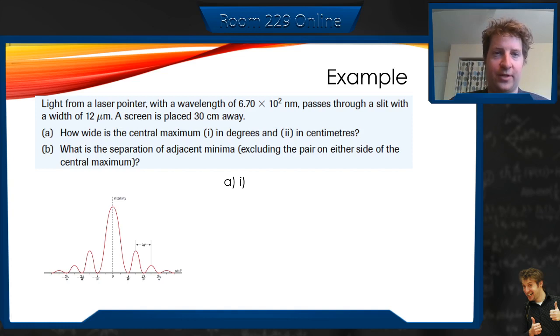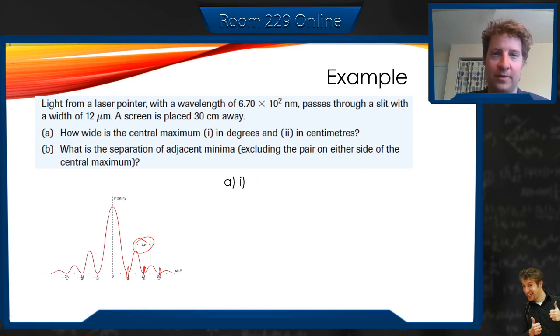And there's a screen 30 centimeters away. How wide is the central maximum in degrees and centimeters? And what's the separation of all the minima except for the central? So what's the space between all these guys here, these delta y's? I know it's showing the bright spots, but it'll be the same as the dark spots for small theta.